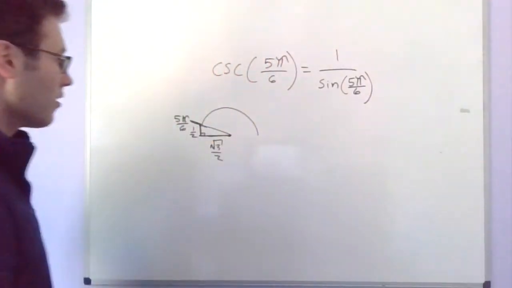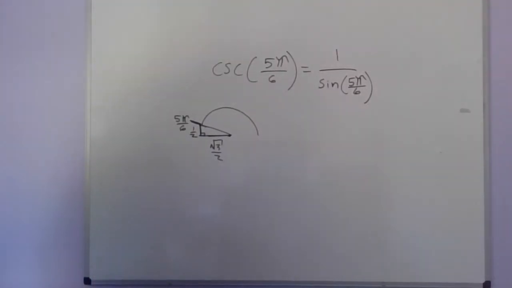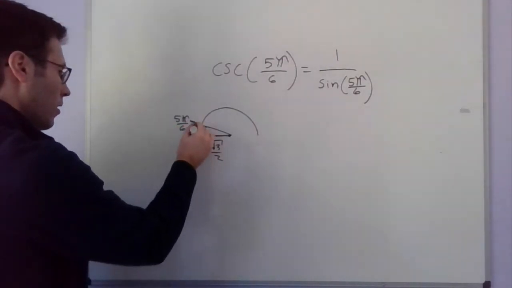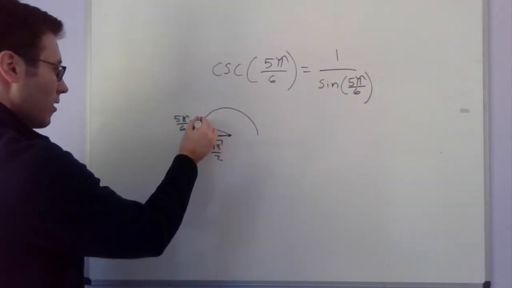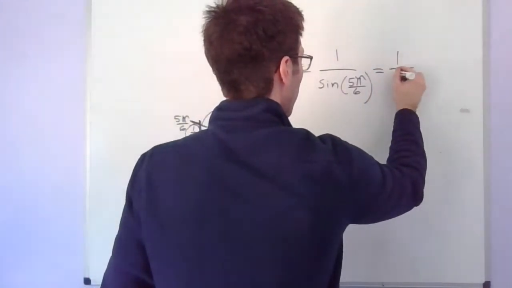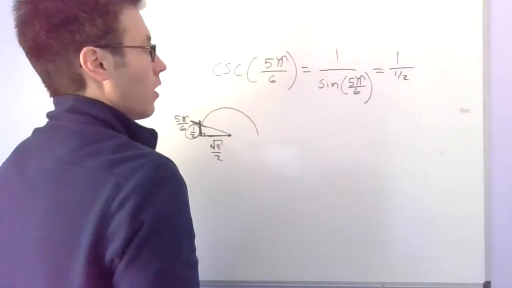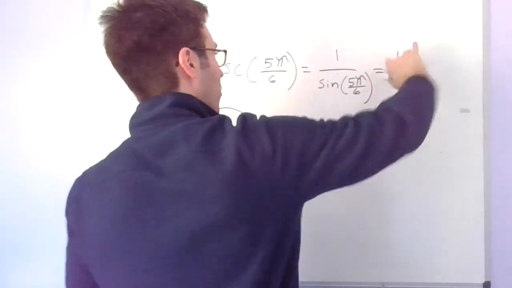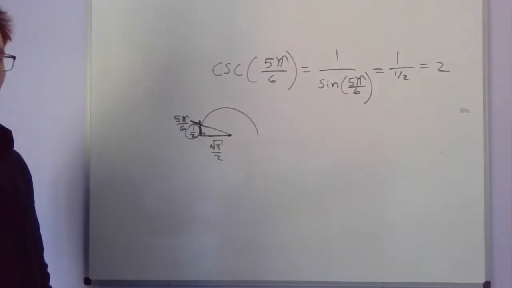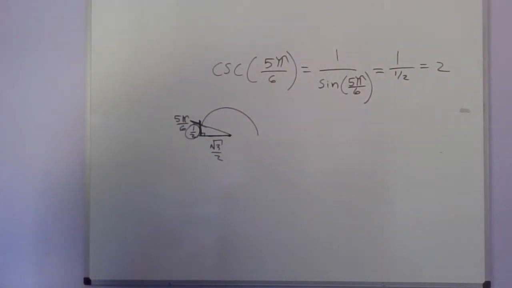Is sine positive or negative here? Sine is the y-coordinate. It's a half, and it's positive here because it's up above. So it's 1 over a half. In other words, I can take that number and flip it, so it's 2 over 1, or just 2. That's how you would do that one.